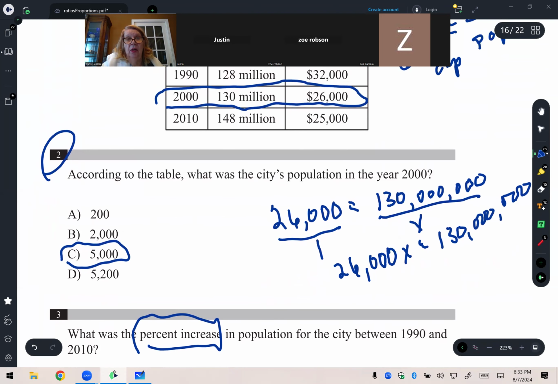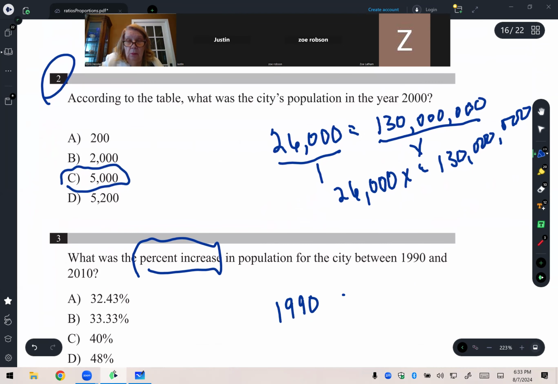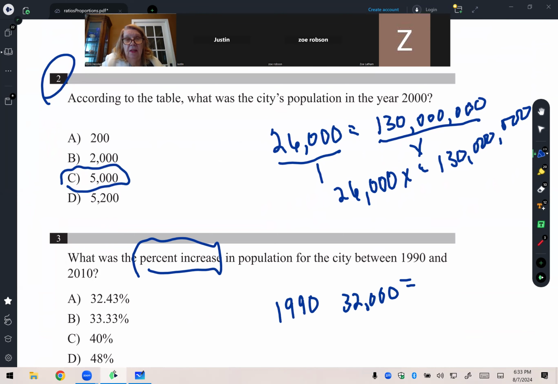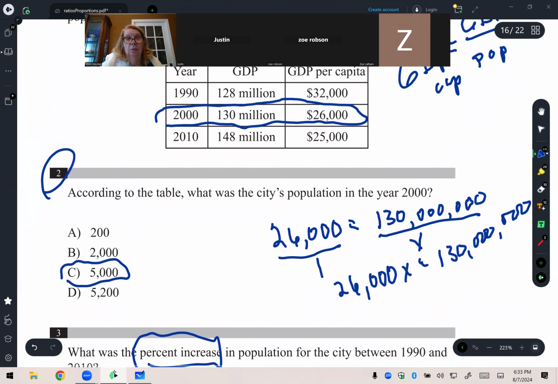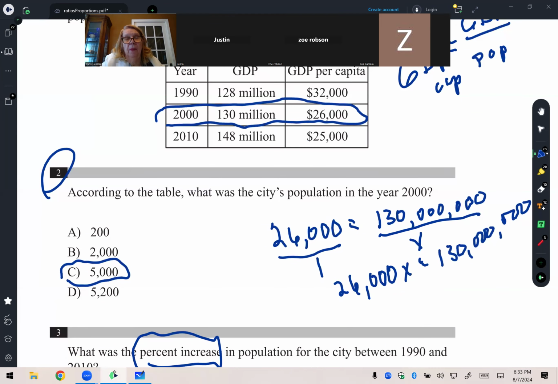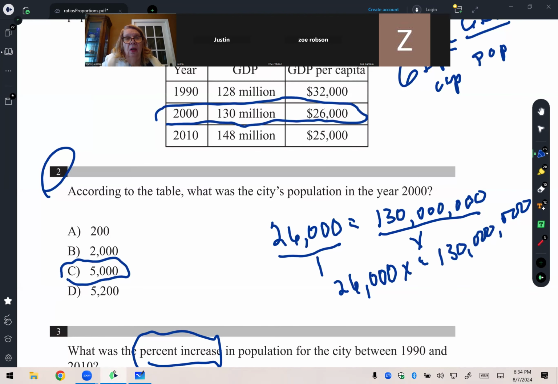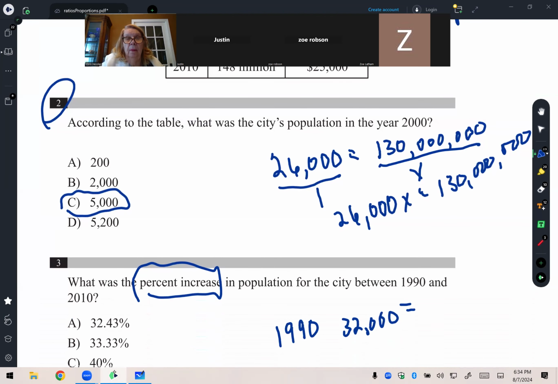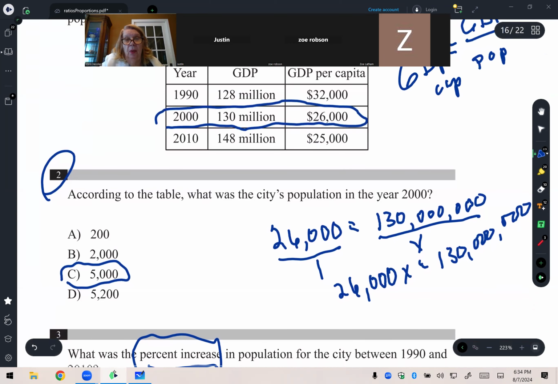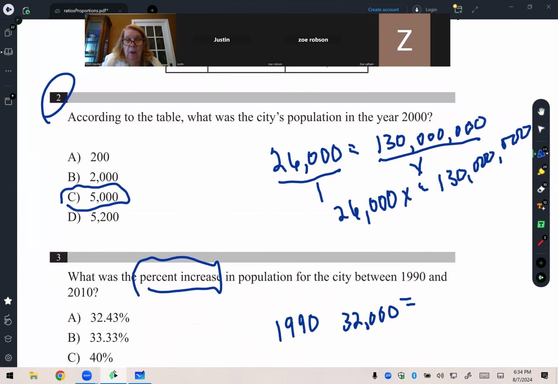We have 32,000, that's your denominator, over 128 million people, that's the numerator. So 128 million divided by 32,000.